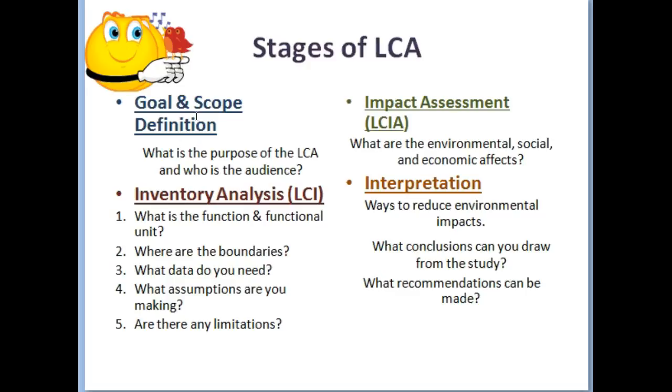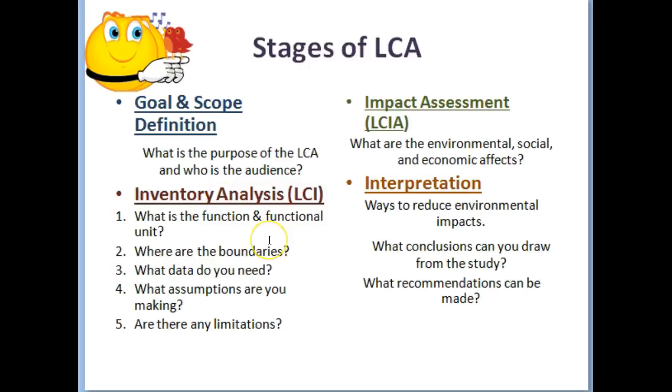The scope helps to establish the system boundaries and the limits of the LCA. For example, if an LCA is to be performed to compare products, it is usually not the products themselves that are the basis of the comparison, but the functions they provide. So a useful term called a functional unit is defined in the scope.